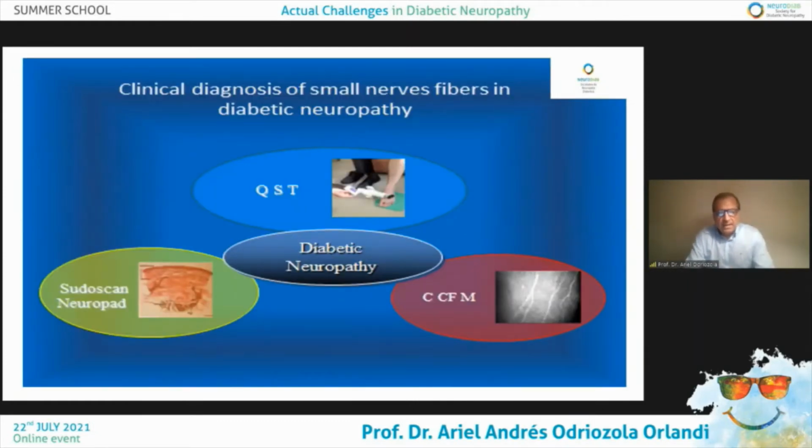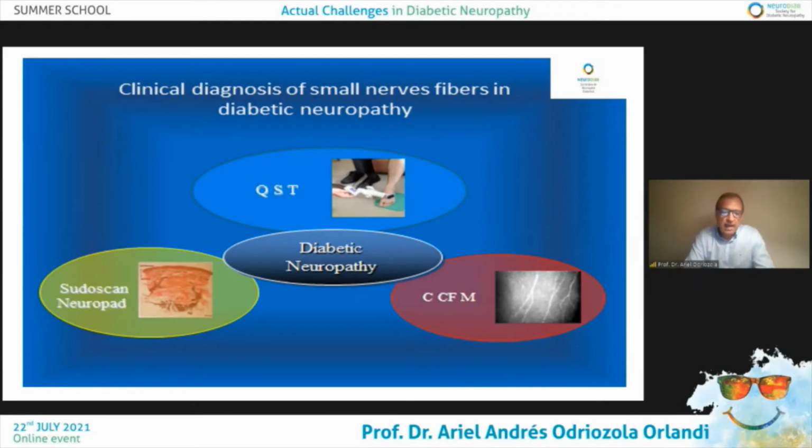We can divide the clinical diagnosis with the tools of the structural diagnosis, as we can use the confocal corneal microscopy or the punch biopsy.